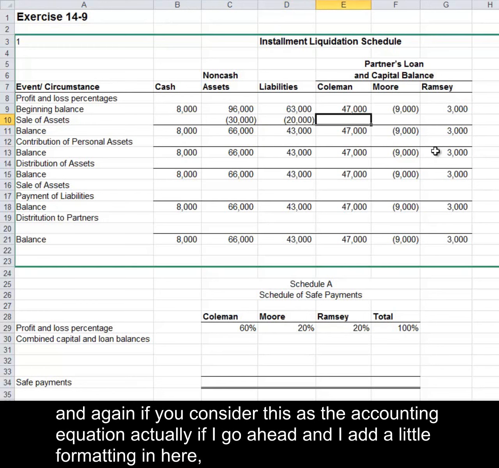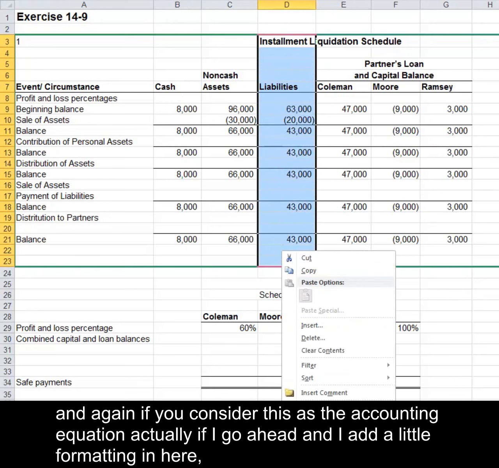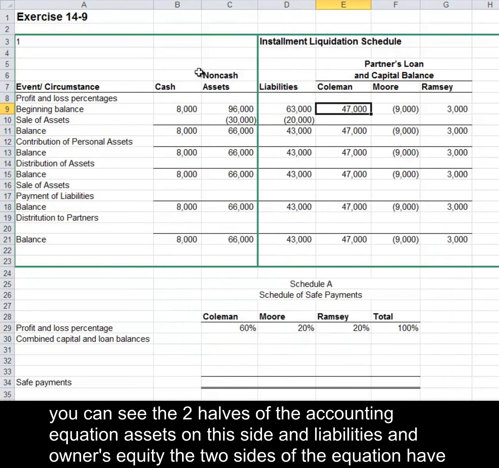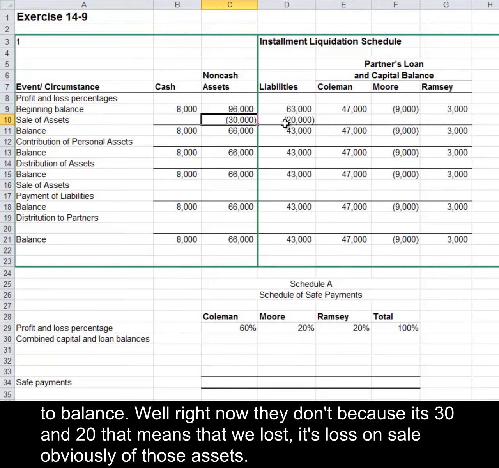And again, if you consider this as the accounting equation, actually if I go ahead and add a little formatting in here, you can see the two halves of the accounting equation, assets on this side and liabilities and owner's equity. The two sides of the equation have to balance. Well, right now they don't because it's 30 and 20.